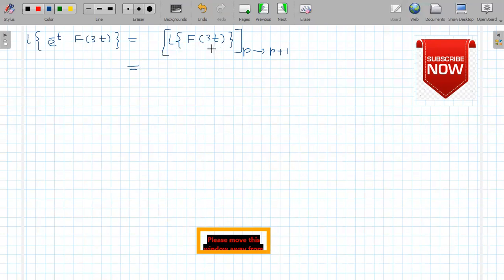Now here in this inner bracket, we will apply change of scale property.